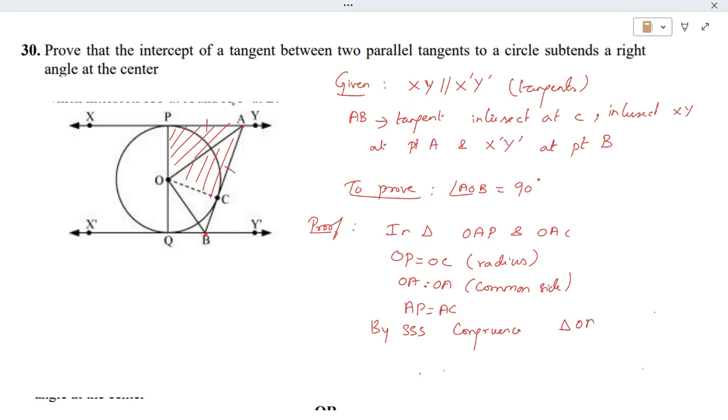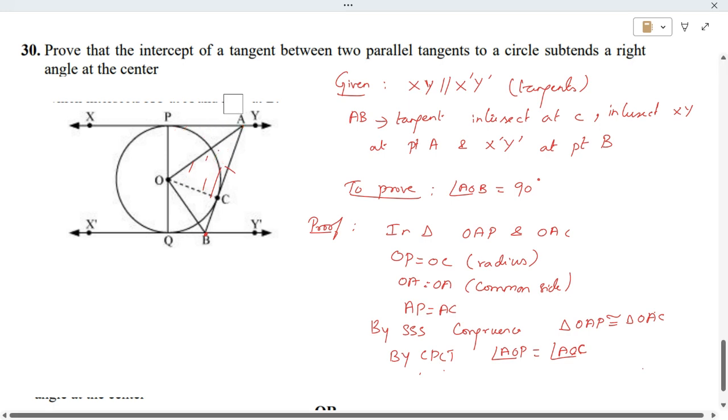That is, triangle OAP is congruent to triangle OAC, which means by CPCT I can say angle AOP is equal to angle AOC. Got it? So let me consider angle AOP as 1, and angle AOC will also be 1 as per the congruency proof, right?